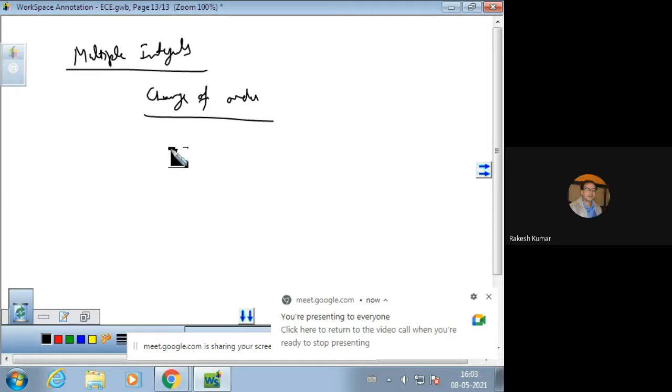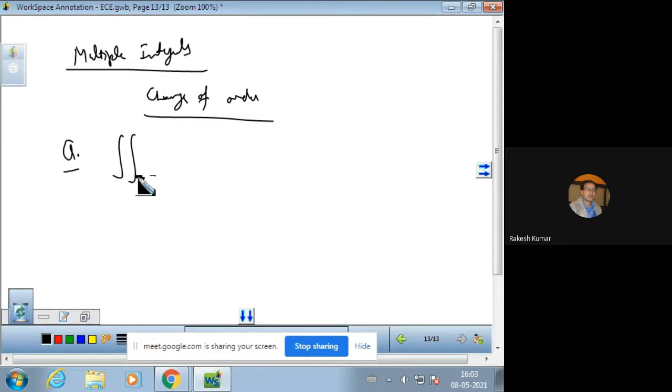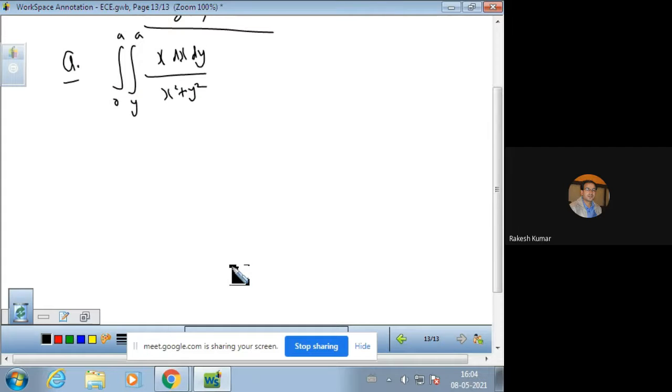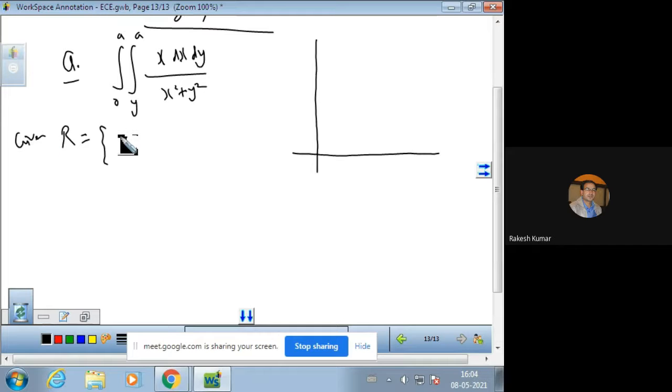In yesterday's class, we were solving the questions of changing the order of integration in this double integral, that is 0 to a and y to a, x dx dy upon x square plus y square, and hence evaluate the same. We have plotted the figure, and the given region of integration is denoted by R.